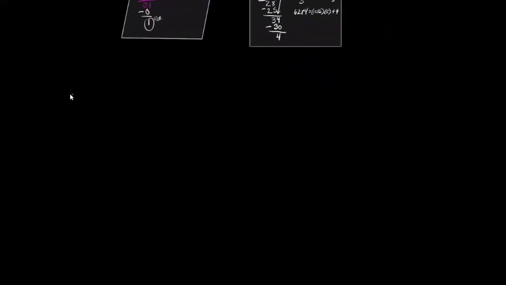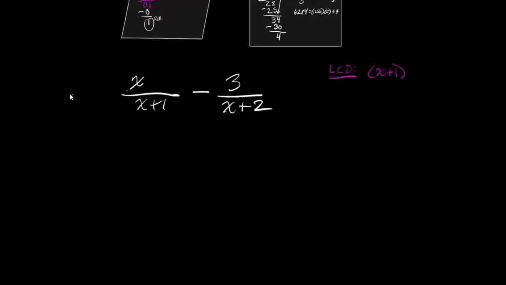For example, if we have x over x plus 1, and we want to subtract 3 over x plus 2, we know that we have to multiply the top and bottom by whatever part it doesn't have in the least common denominator. The least common denominator in this case would be x plus 1, x plus 2. So we multiply the first fraction by x plus 2, what it's missing, over itself. And the second fraction by x plus 1 over itself, that's what it's missing.